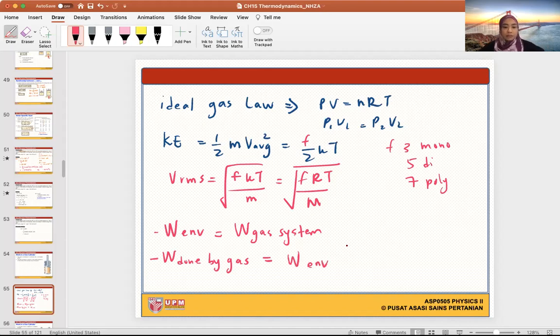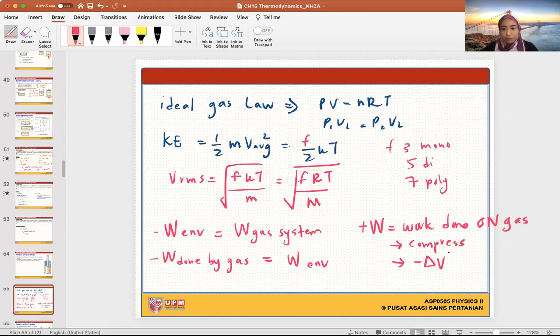Okay, mesti macam confused kat sini kan. Okay, so if I say positive W, it means work done on the gas. And work done on the gas means compression, means we compress the gas. It means negative change in volume.